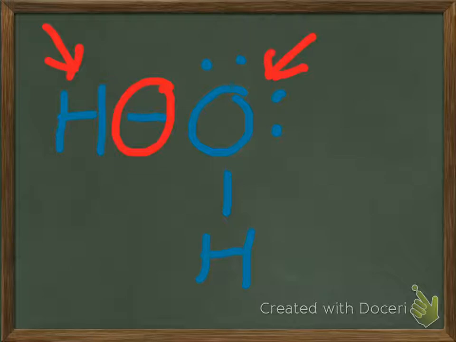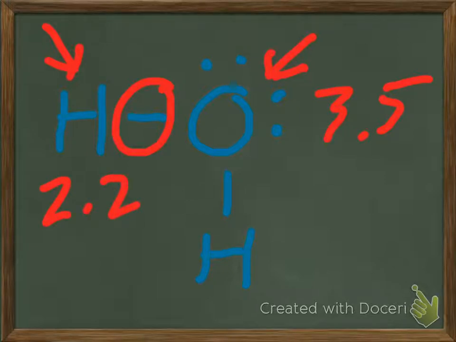Oxygen, roughly speaking, has an electronegativity of around 3.44 or 3.5, depending on which chart you look at. So we'll round it and say about 3.5 is oxygen's electronegativity. Hydrogen, on the other hand, has an electronegativity of 2.2.